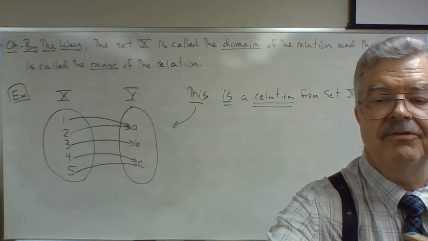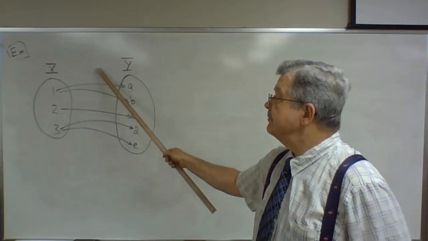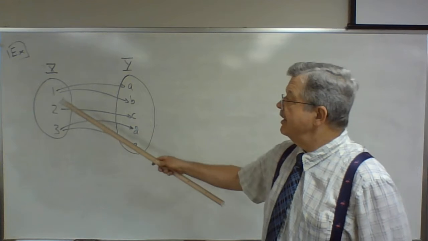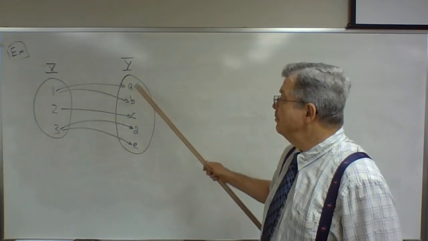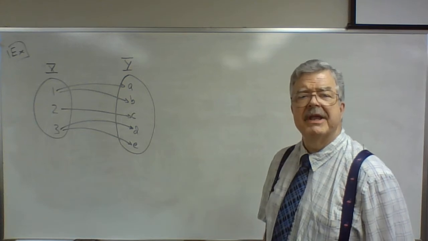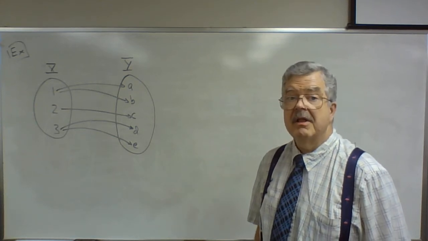More examples. Here's something a little bit different. Some elements in our domain are assigned more than one element in the range. Is that a problem? You know, it isn't.